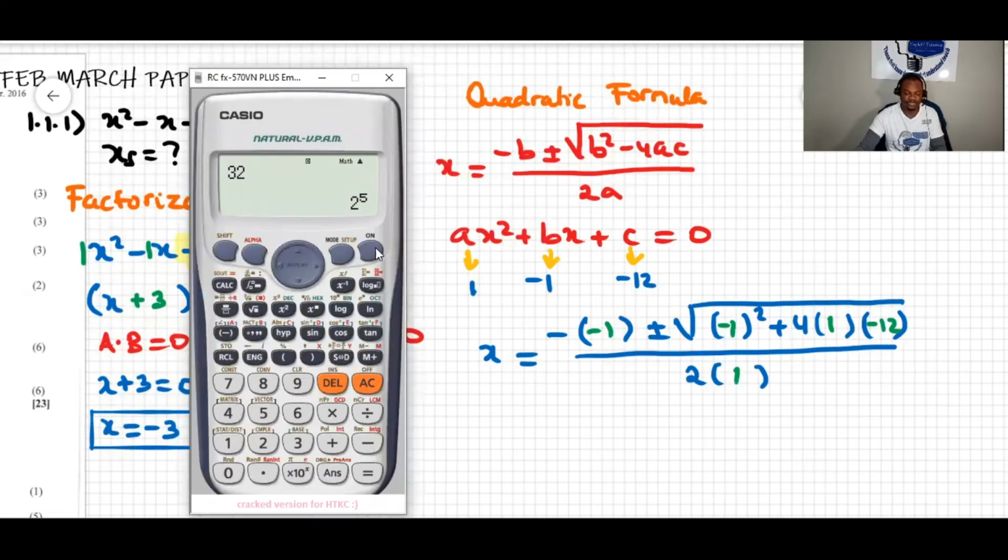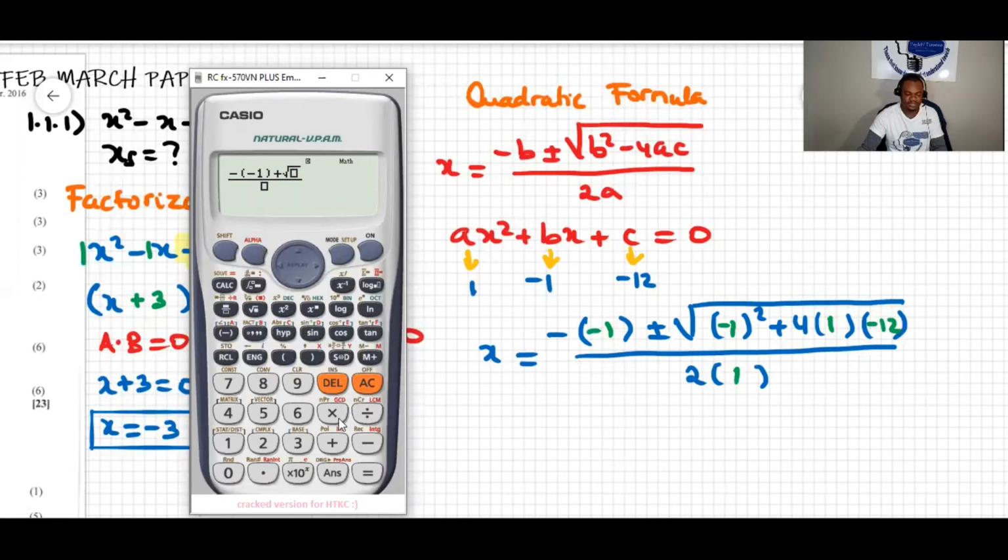We can do it in the calculator. I'm going to write negative open brackets, -1 close bracket. Because there are two solutions over here, we have plus or minus. I cannot do plus or minus in the calculator, but I can just work out the first solution.